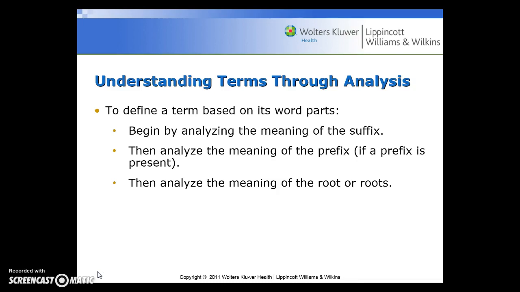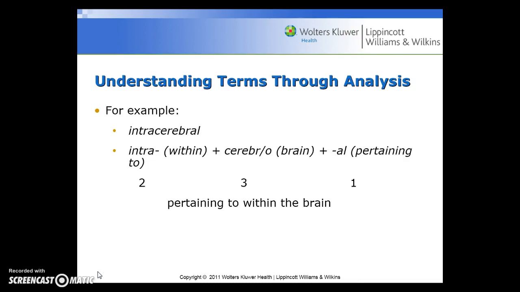When we define a term based on its word parts, begin by analyzing the meaning of the suffix, then analyze the meaning of the prefix if a prefix is present, then analyze the meaning of the root or the roots. For example, intracerebral.